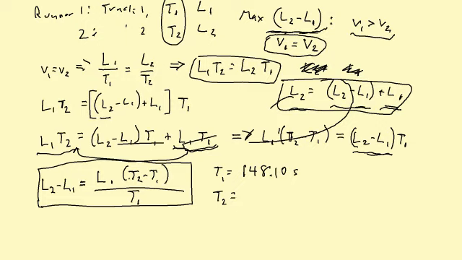T2 then is 2 minutes and 28.44 seconds. So that's 148.44 seconds. So T2 minus T1 is 0.34 seconds.